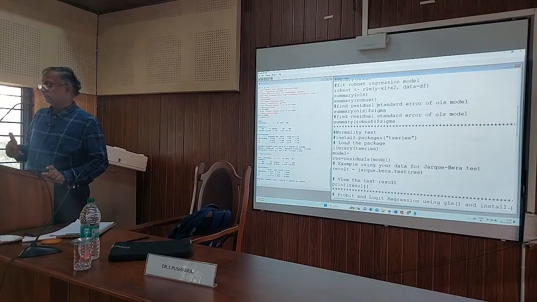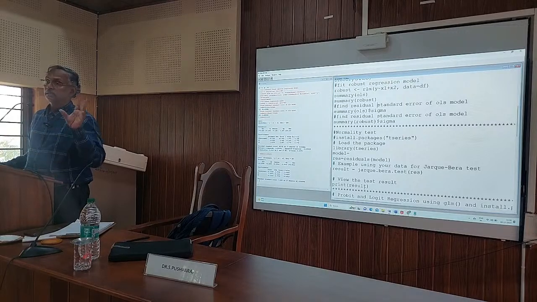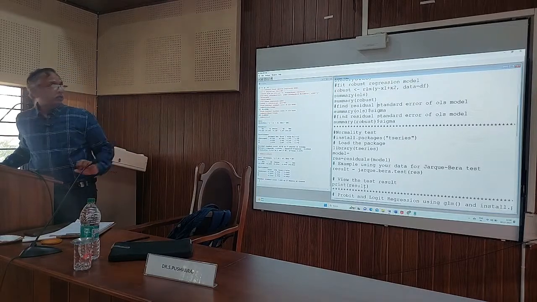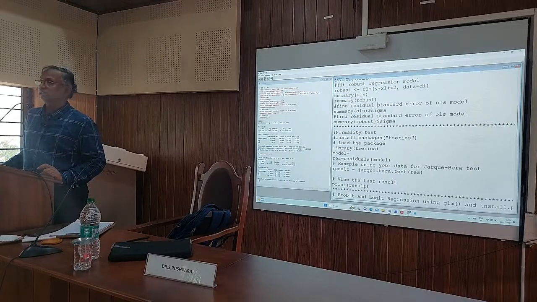The test compares those characteristics. So this Jarque-Bera test, which EViews runs, is based on the skewness and kurtosis of the normal distribution.